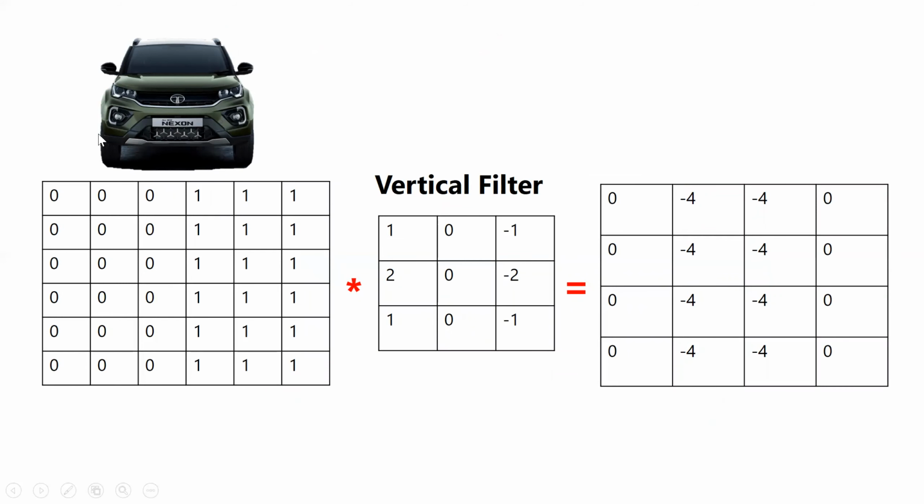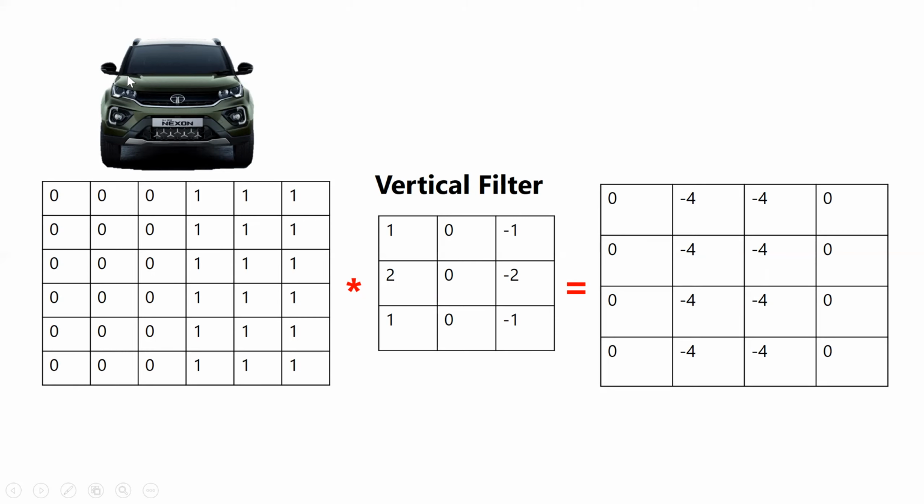When I give this car image, our model will first apply filters. We will be applying many filters, like horizontal filters and vertical filters. So this is our input image, which is scattered into a 6 cross 6 matrix. When we apply a vertical filter, it will identify the vertical lines.